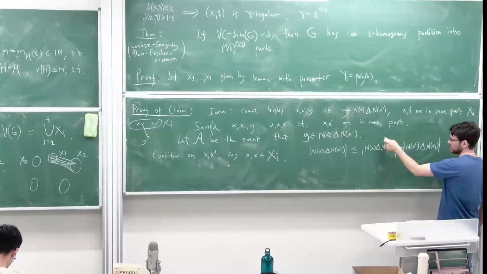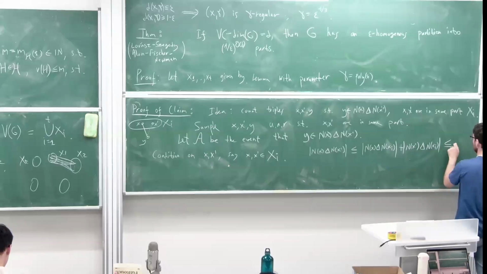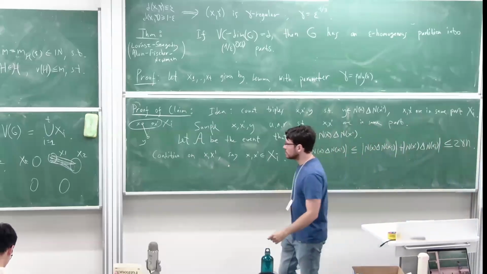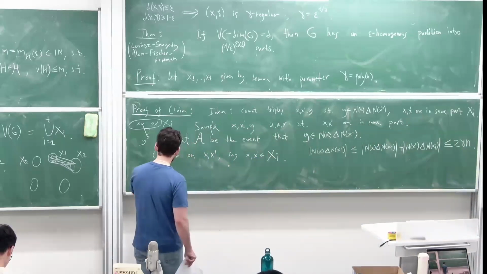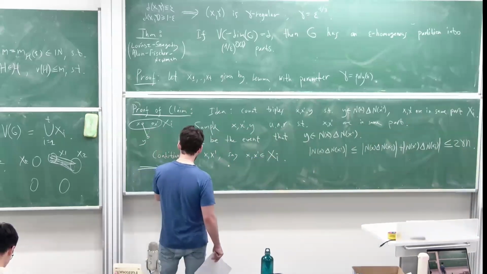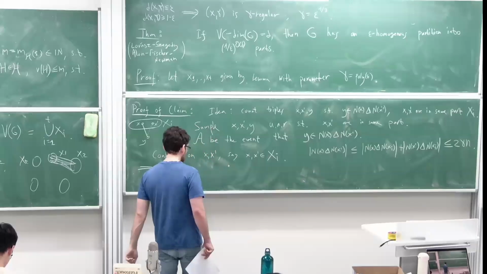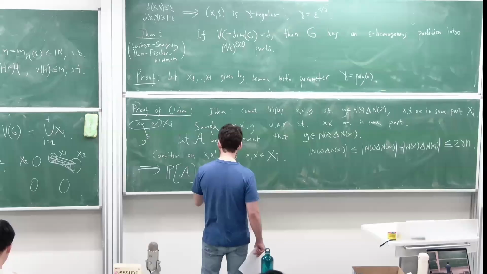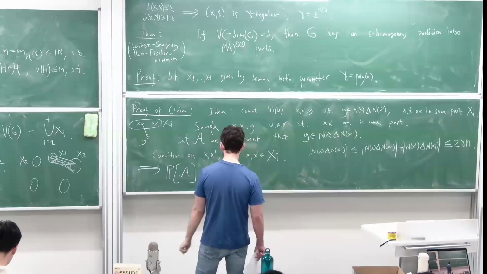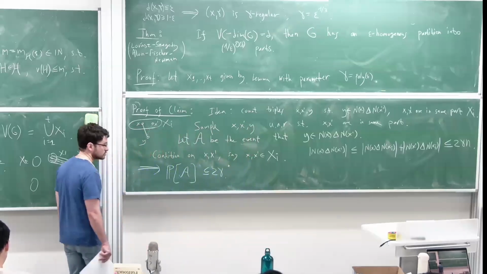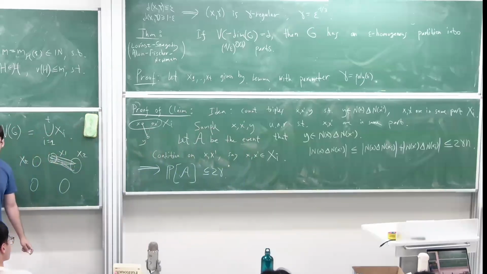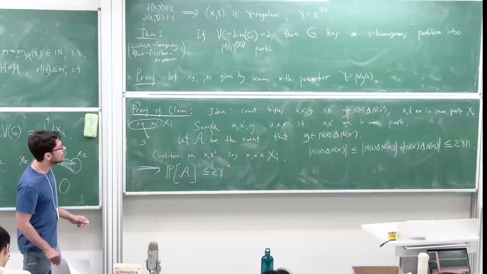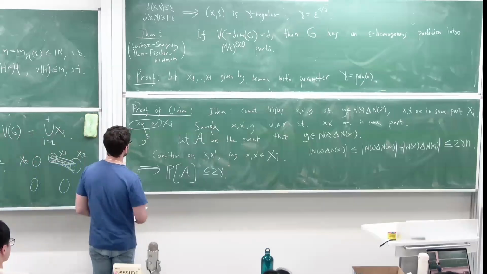And each of these things is at most gamma n, so this is at most 2 gamma n. So this means that the probability of A is at most 2 gamma. Okay, so this is one part of the argument.